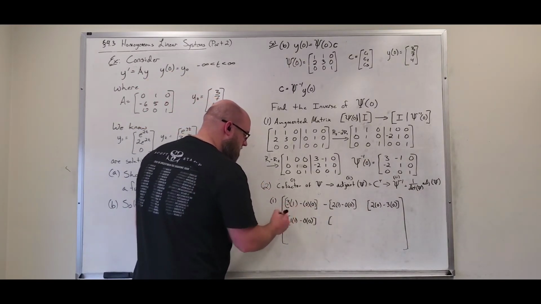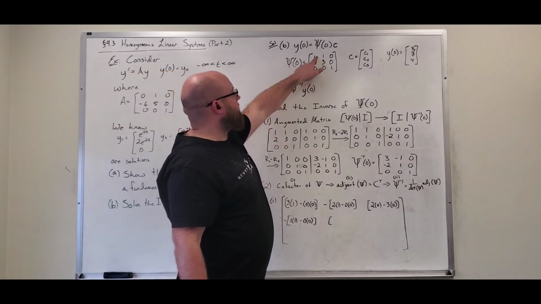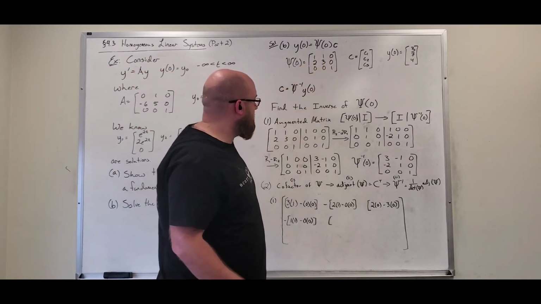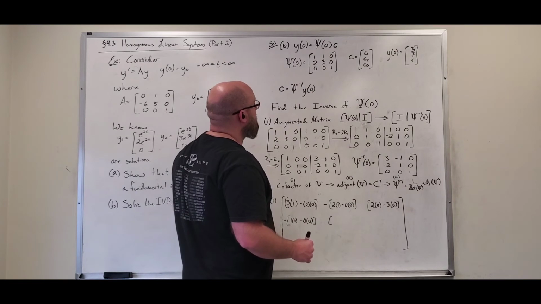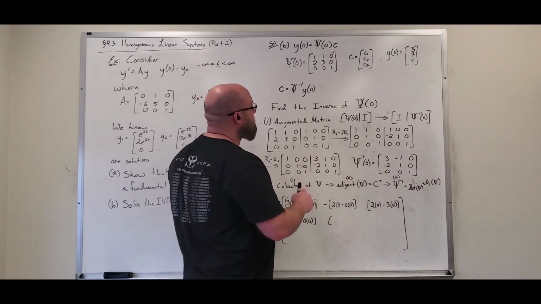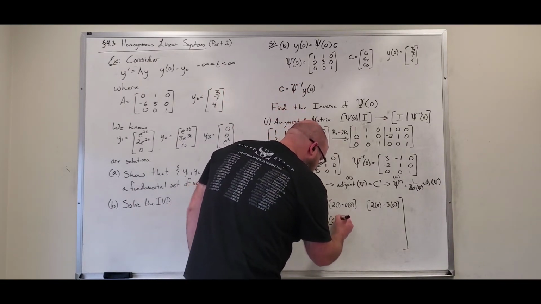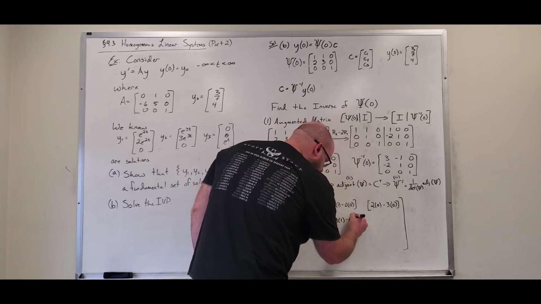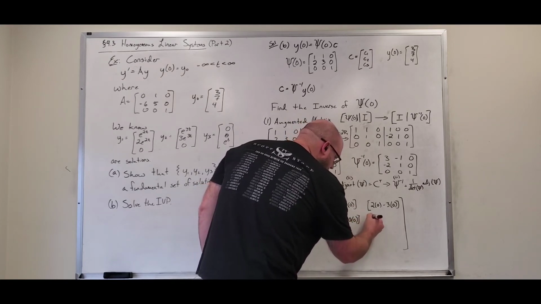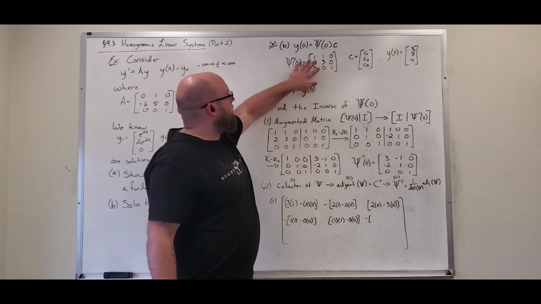When we get positive on the outside, we're looking at 3 and its minor, 1, 1, 0, 0. Oh, I messed that one up, that's right. So 1 times 1 minus 0 times 0. Then we have the negative on the next term. We take 0, and then we look at its minor, 1, 0, 1, 0.